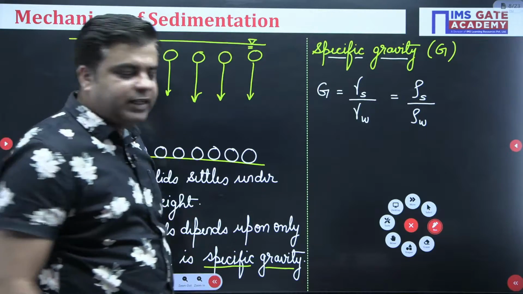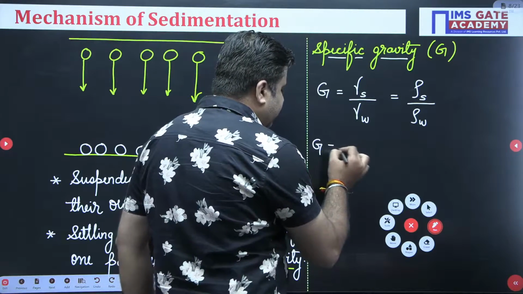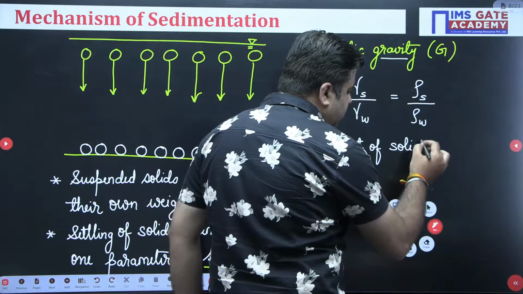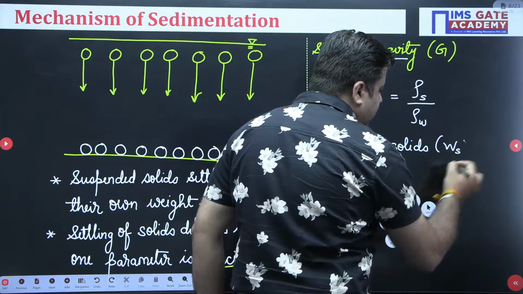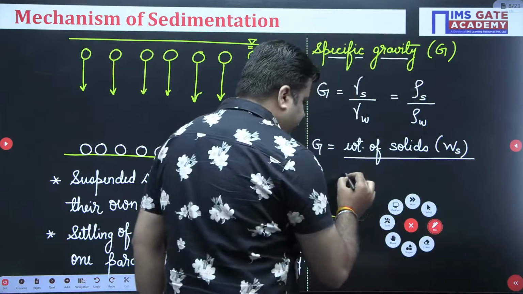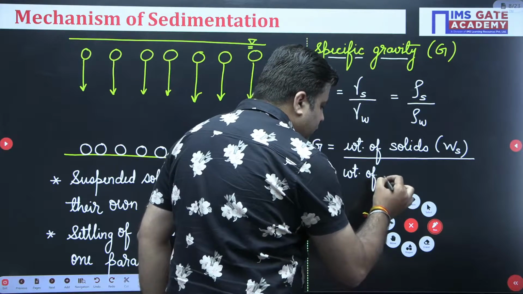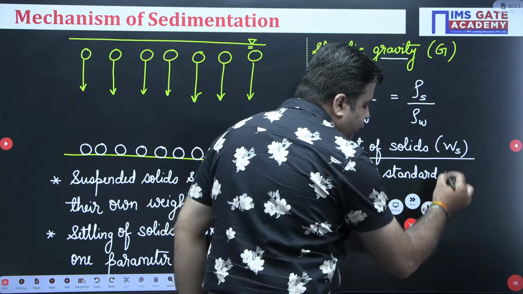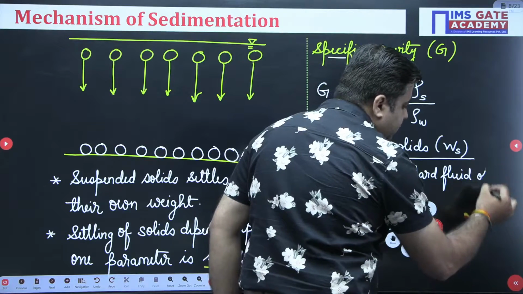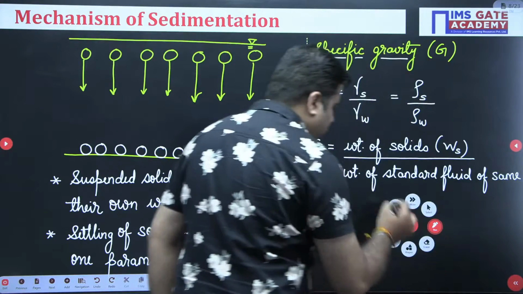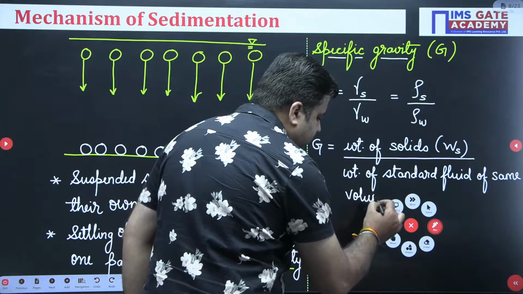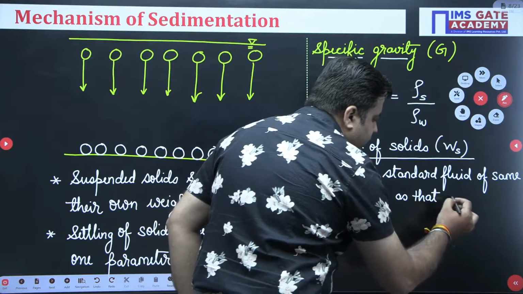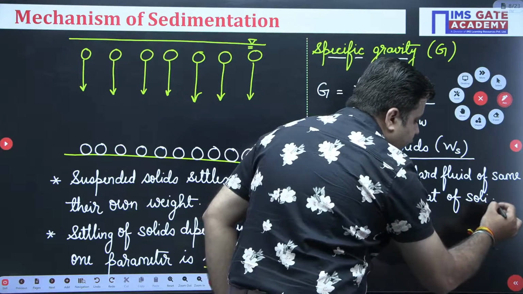The general formula for measuring the specific gravity is specific gravity G is equal to weight of solids, that is Ws, divided by the weight of standard fluid of same volume as that of solids, right?